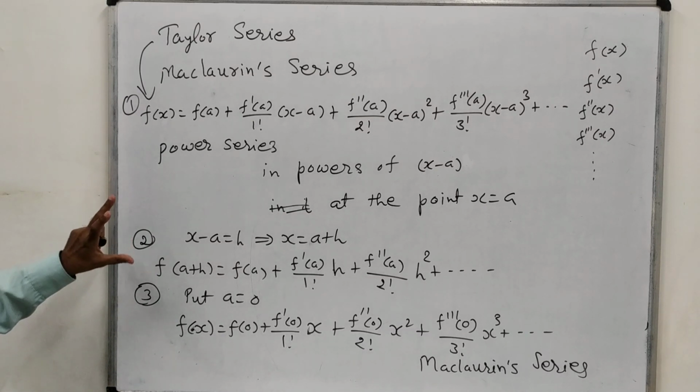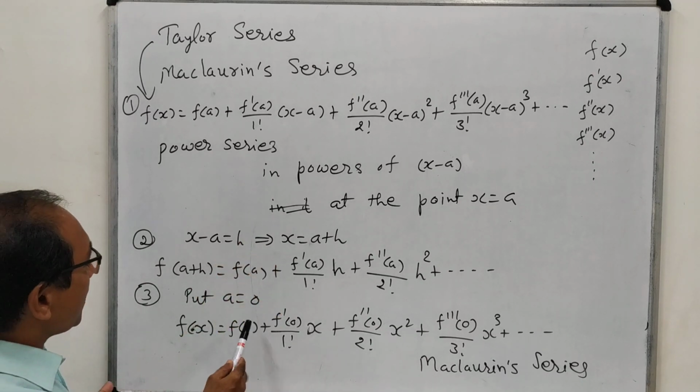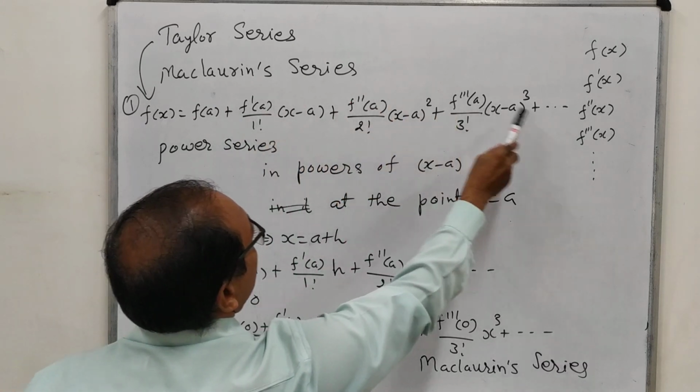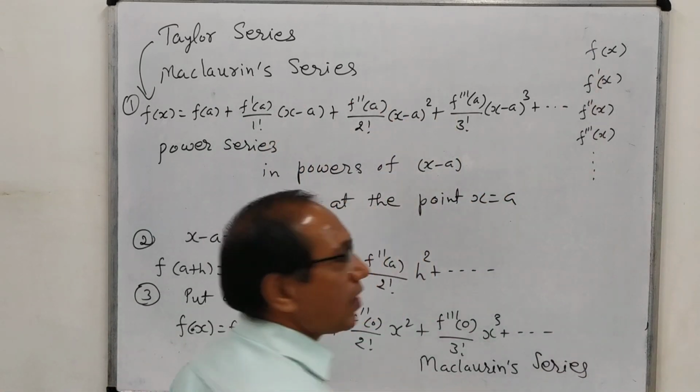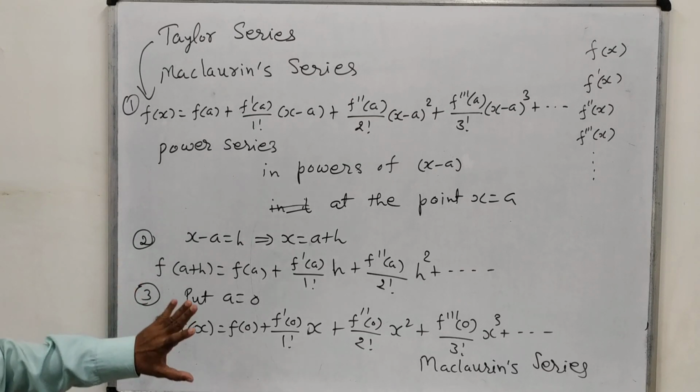Once you remember these three formulas, then all the examples you can solve very simply, because in all the examples we require only the function f of x and its derivatives. That means this kind of list we require only. Nothing else is required. Okay? So note down this formula and remember it.